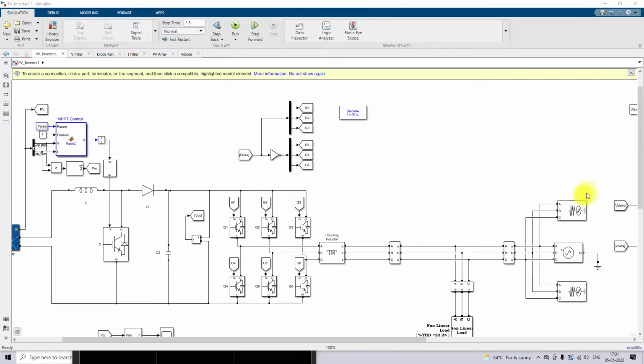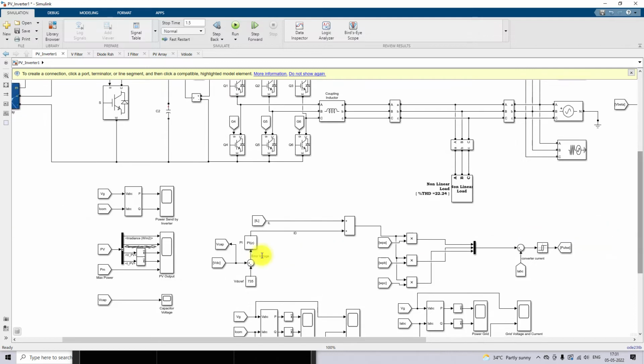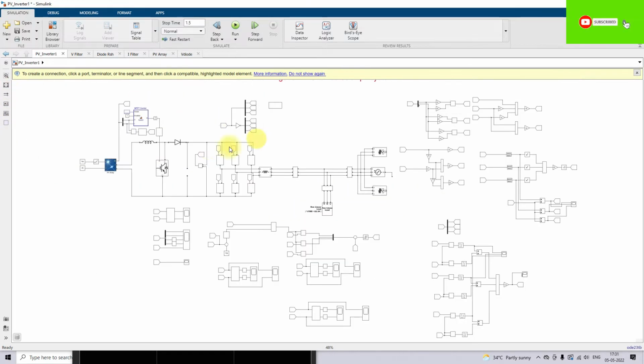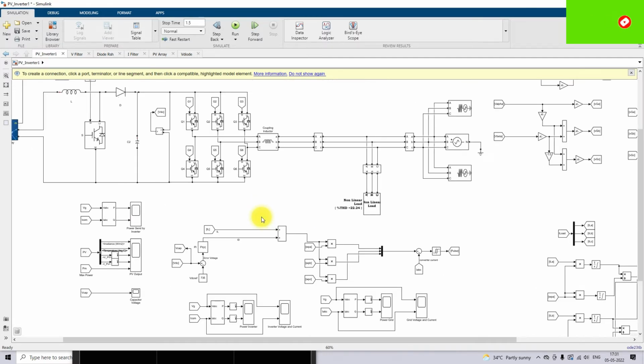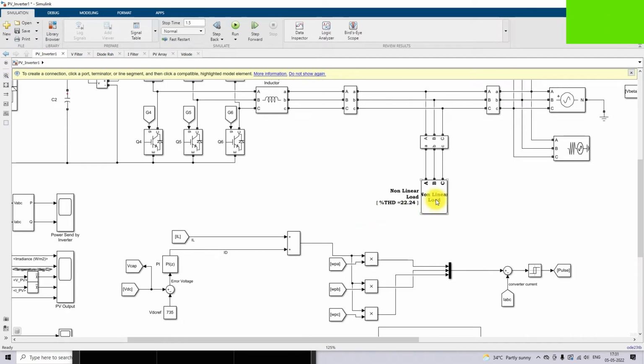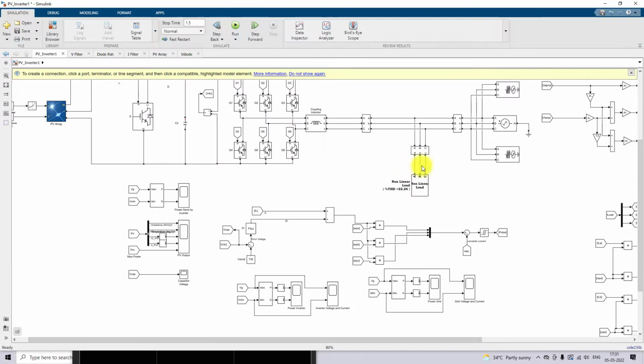So based upon the current requirement in the DC link and the current requirement on the load side, this overall system will be controlled. And because we are using the active current coefficient of the load current, based upon that we are going to control the harmonics in the system in order to make the source current sinusoidal.